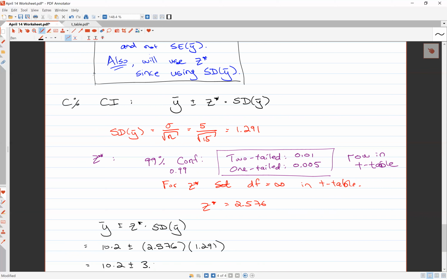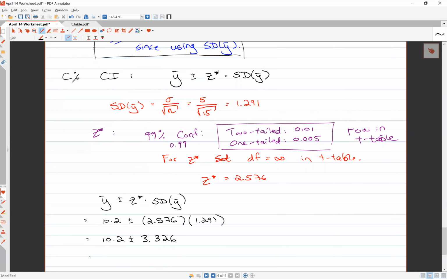So this is 10.2 plus or minus 3.326. So you'll do the same thing, subtract and add that to 10.2. When I subtract it, I get 6.874. And when I add it, I get 13.526.